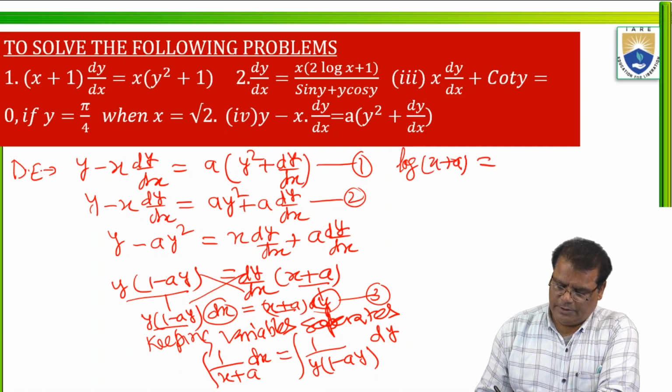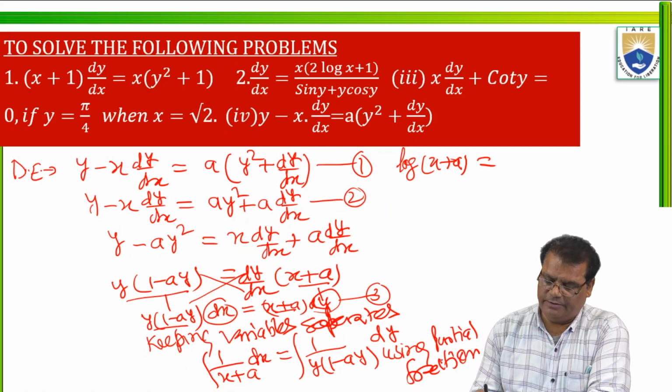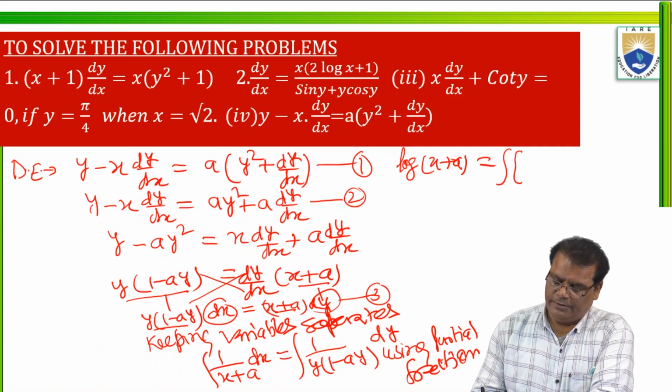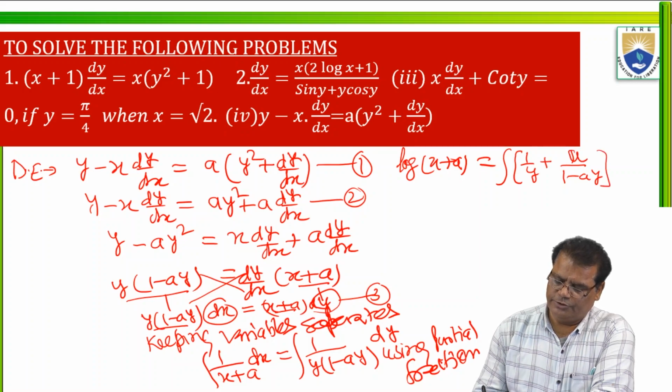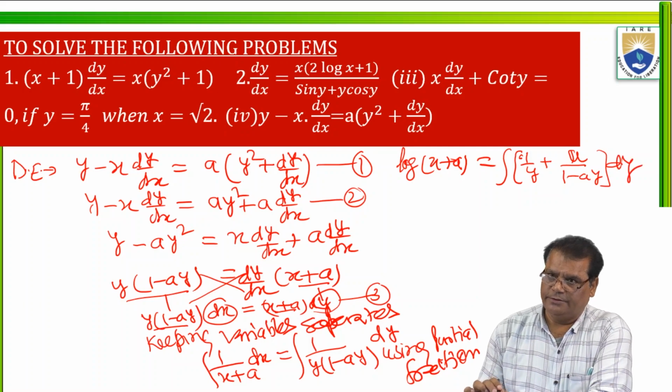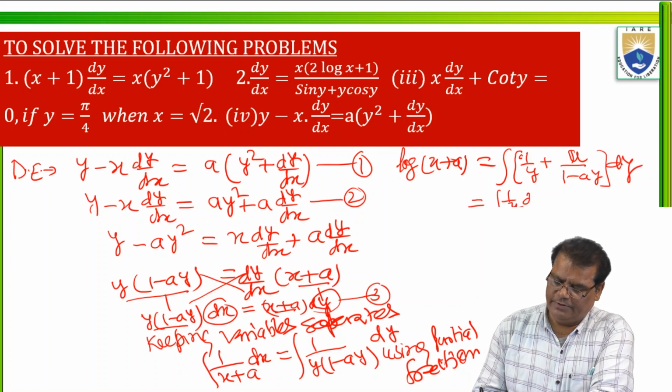On the other side we use partial fractions: 1 upon y(1 minus ay) is written as 1 upon y plus a upon (1 minus ay), with dy. Integrating 1 upon y dy, and a is common in the second term, 1 upon (1 minus ay) dy. This gives log y plus a times minus log (1 minus ay) upon a.